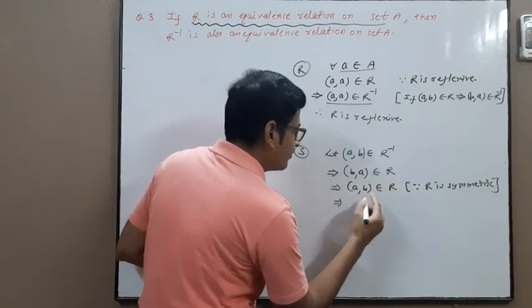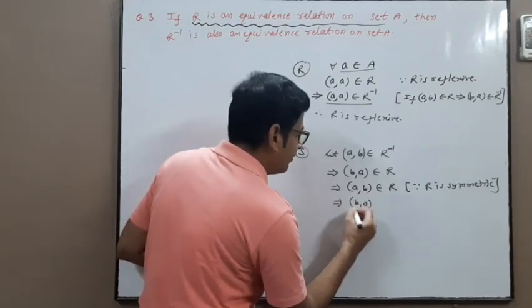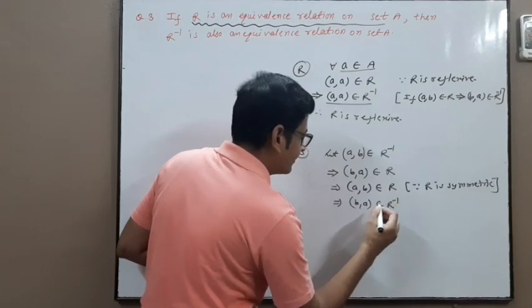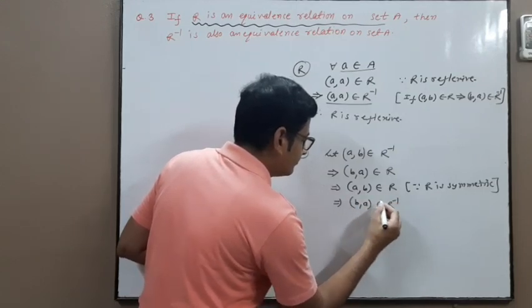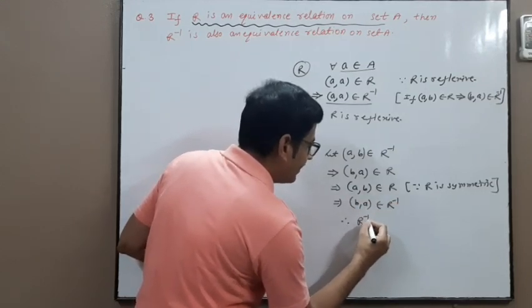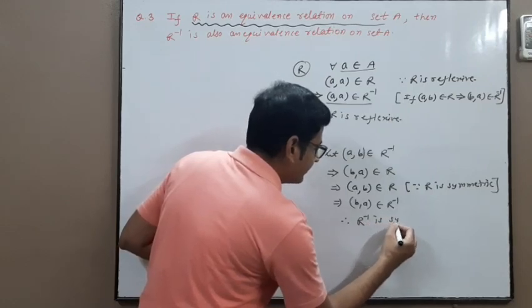This implies (a, b) belongs to R, then (b, a) belongs to R inverse. Therefore, R inverse is symmetric.